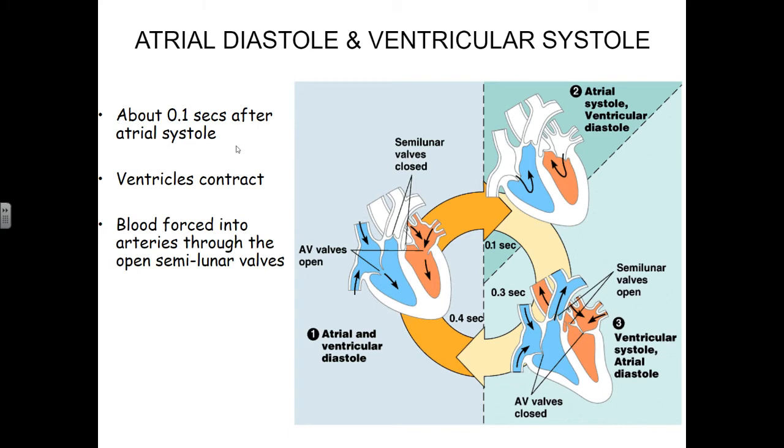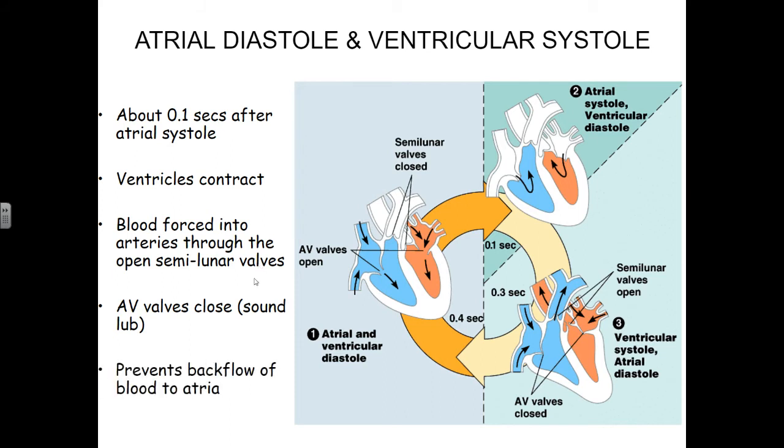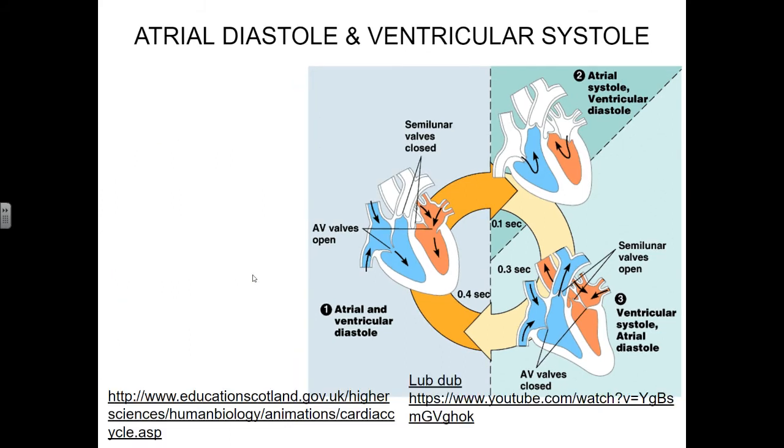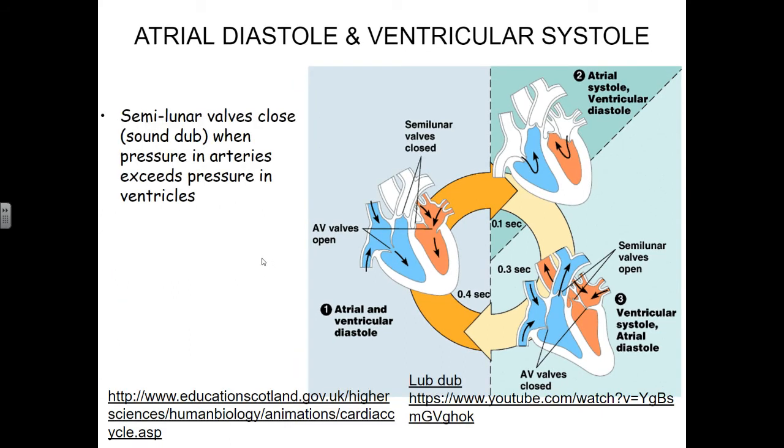Ventricles will contract. That blood will be forced up. It will open the semilunar valves because it opens that way basically, and the atrioventricular valves, the ventricular valves, will close. That makes the lub sound, and prevents the backflow into the atria. We'll then have ventricular diastole stopping. So semilunar valves will close.